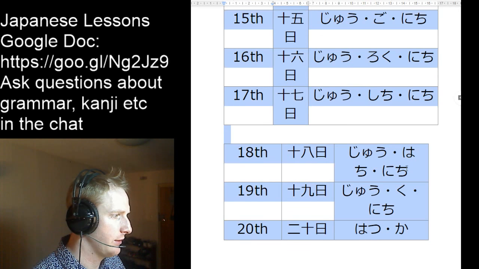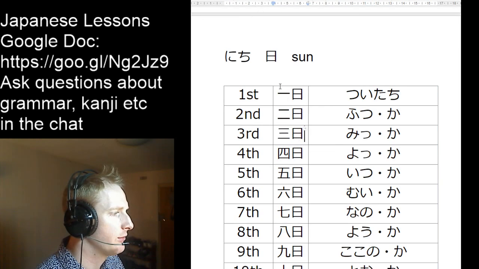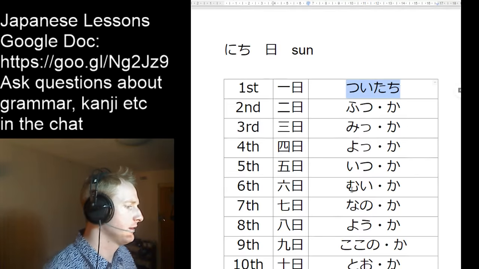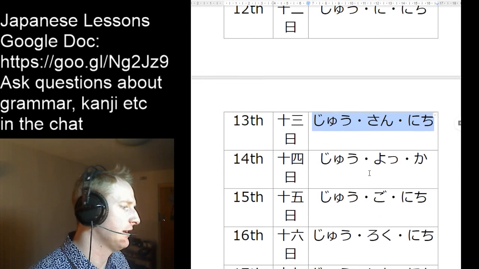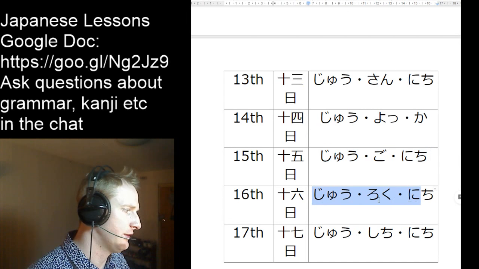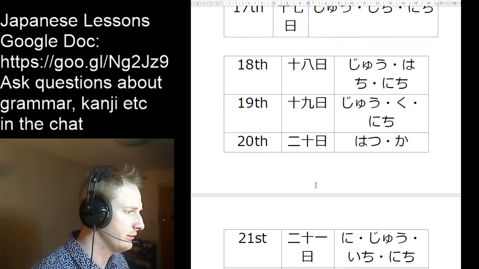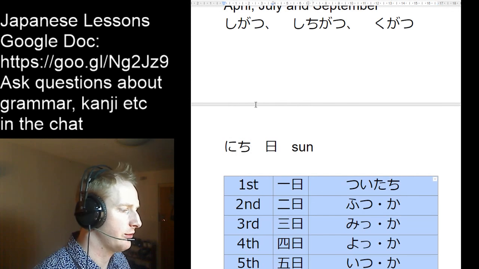I'm sure there's an easy way. Anyway, it doesn't really matter. Don't worry about the kanji here so much, okay? But as we can see, ju ni nichi, the 12th day, ju san nichi. And like I said, 14 is an exception, so we'll skip it. Ju go nichi, ju roku nichi. Okay, so we can remember our numbers pretty easily. So I'm just going to bold the exceptions.